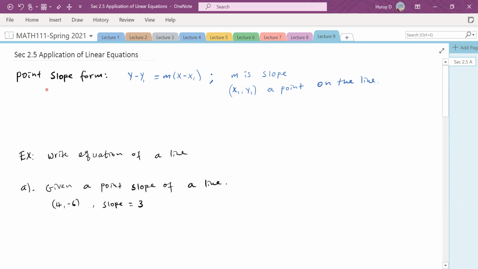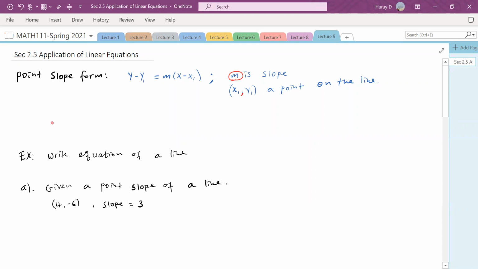So the point slope form of the equation of a line is given by y minus y1 equals m times x minus x1. Here m is the slope and (x1, y1) is a point on the line.